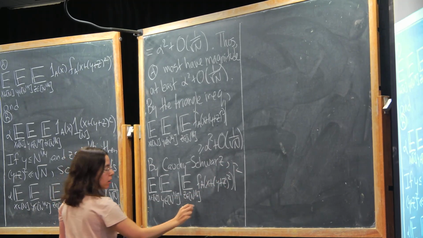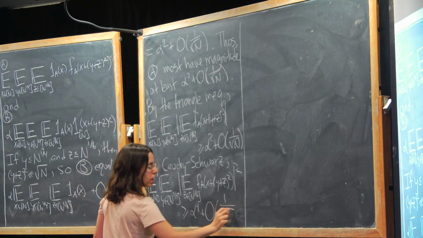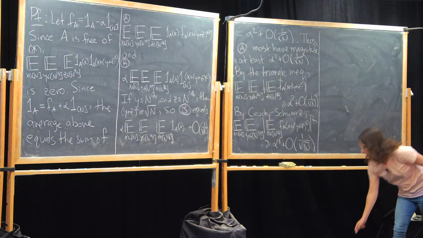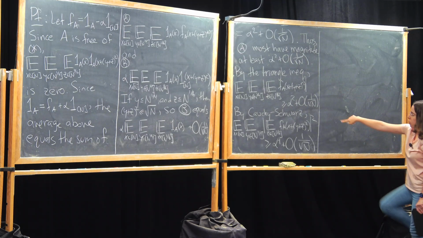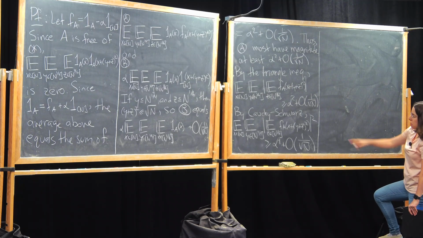And this is going to be at least alpha to the 4th plus big O of 1 over square root of n. Okay, so now I'll expand the square and do like I said and make a change of variables.